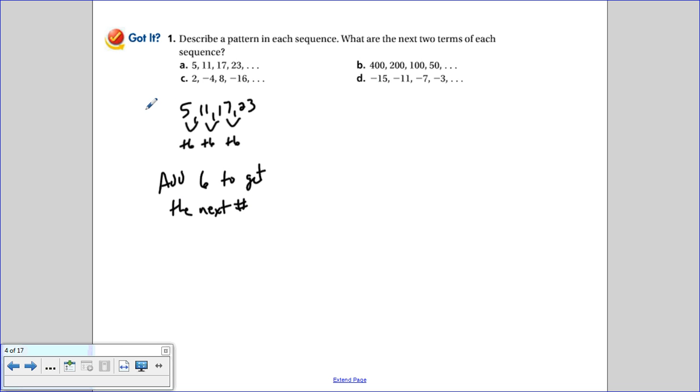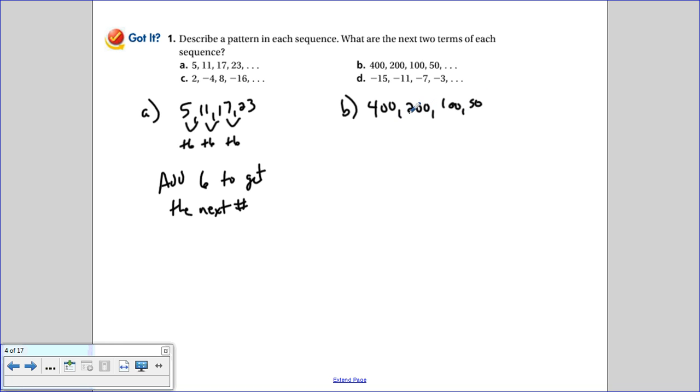How about part B? So that was A. Part B. We're going down. So how about subtracting? Minus 200 to get from 400 to 200. To get from 200 to 100, we have to minus 100. So that doesn't work. Okay? So let's try something else. Is there any other way to get from 400 to 200 not subtracting?